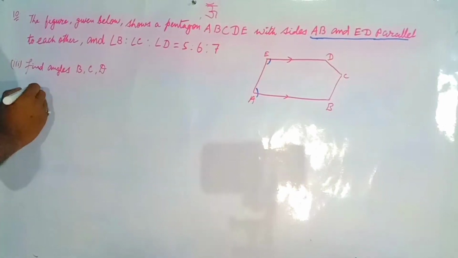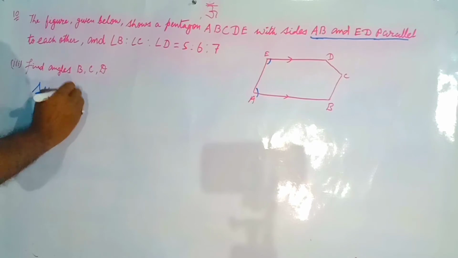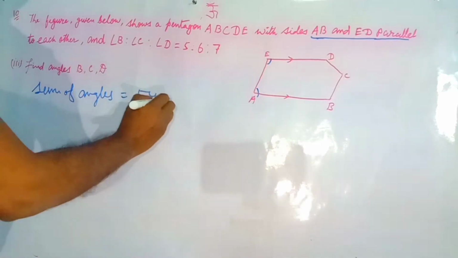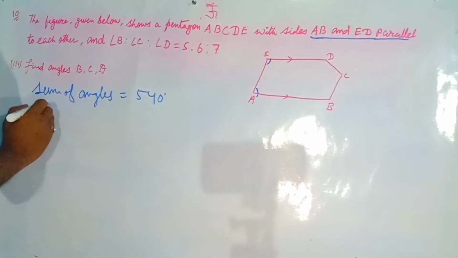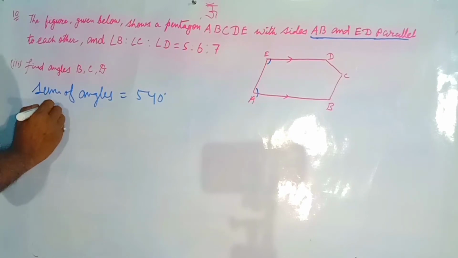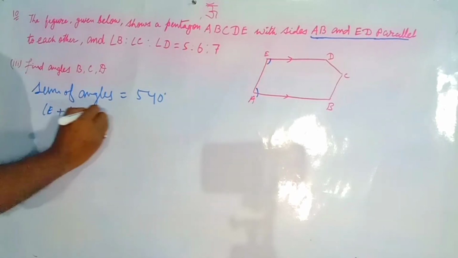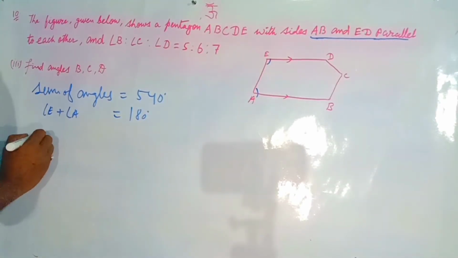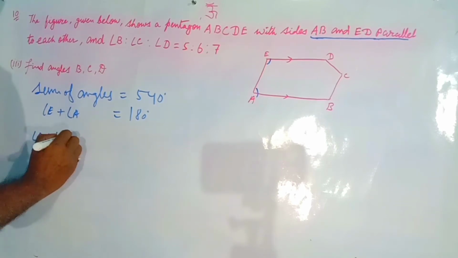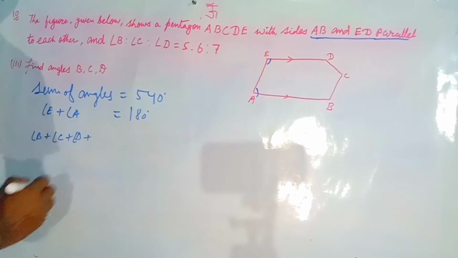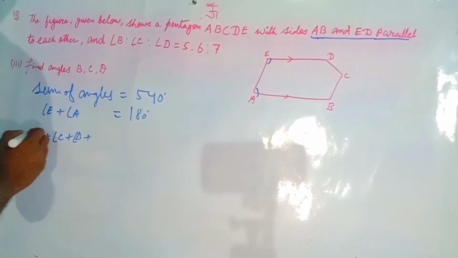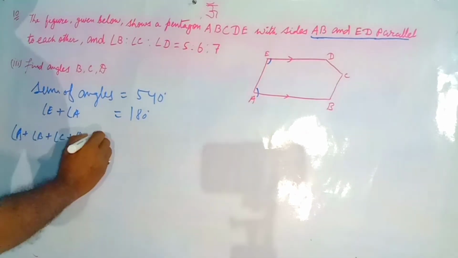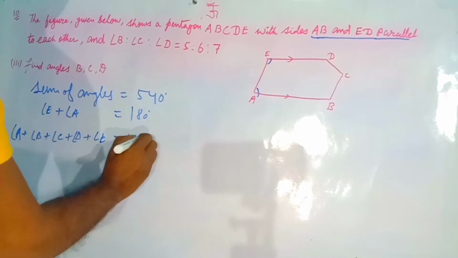In the first part we have already found the sum of angles is equal to 540 degrees. And in the second part we have found angle E plus angle A equals 180 degrees. Now the rest of the angles, angle B plus angle C plus angle D: angle A plus angle B plus angle C plus angle D plus angle E is equal to 540 degrees.